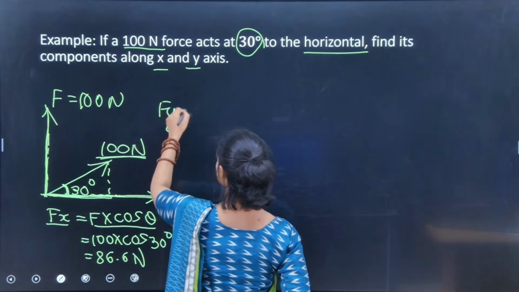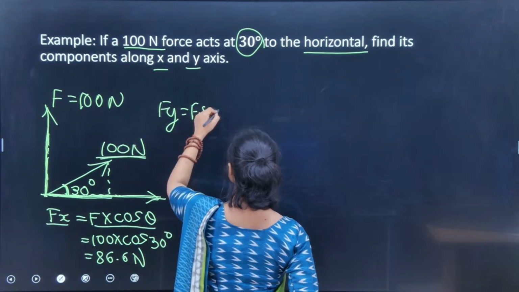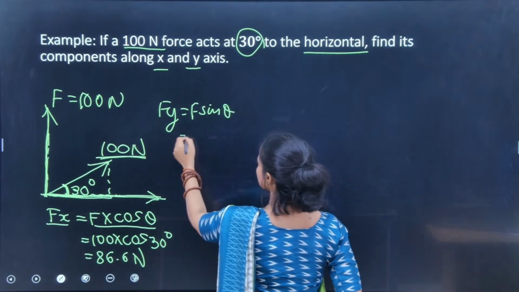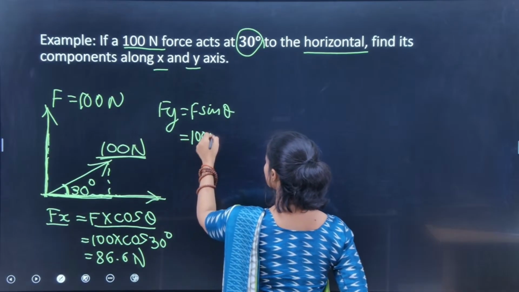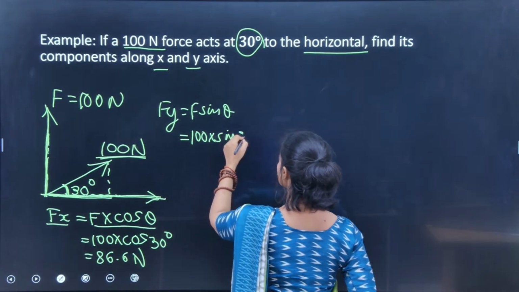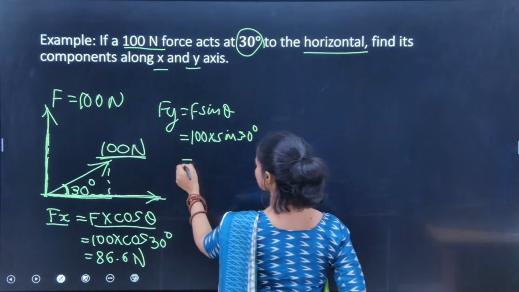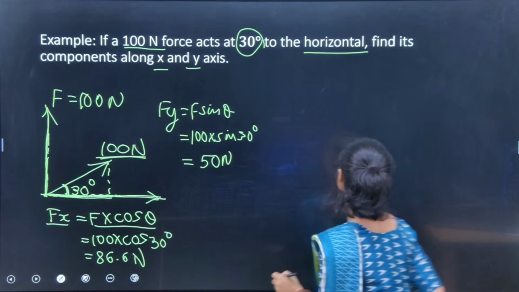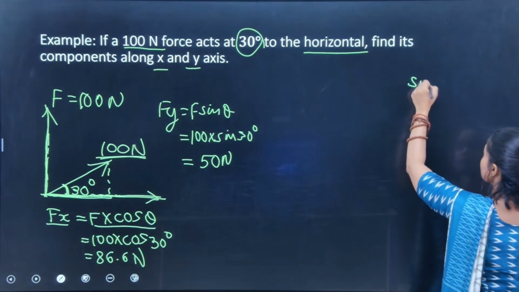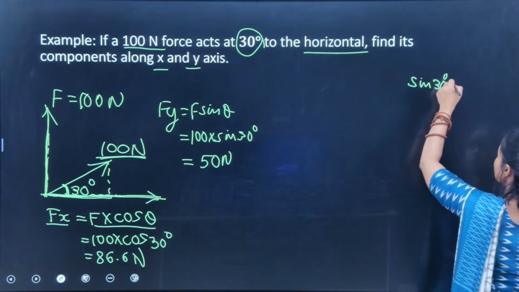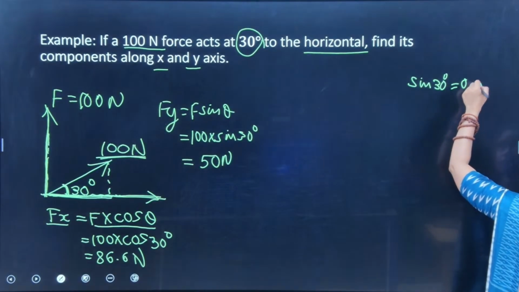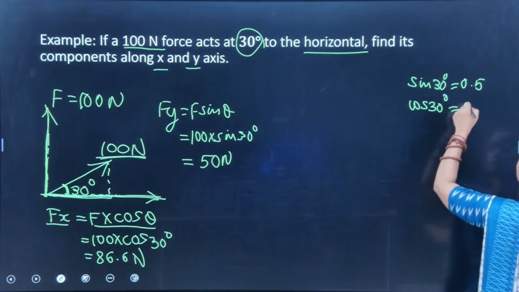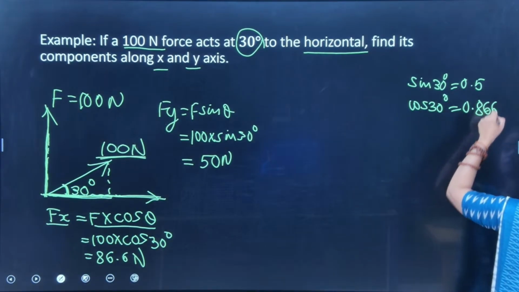Now, coming to the vertical component, Fy will be F sine theta. F is 100 into sine 30 degrees, and this is 50 Newton. Why? Sine 30 is 0.5 and cos 30 is 0.866.